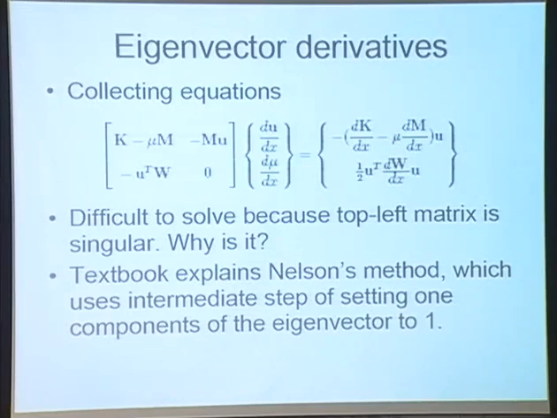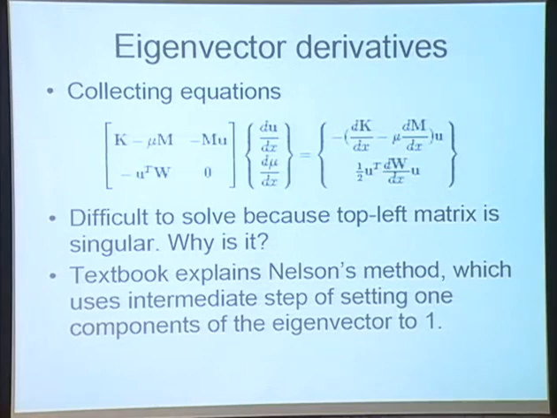Now, let's move to calculating derivatives of eigenvectors. We had two equations. One was the derivative of the equation of equilibrium, and one was the derivative of the normalizing condition about how big the eigenvector is.